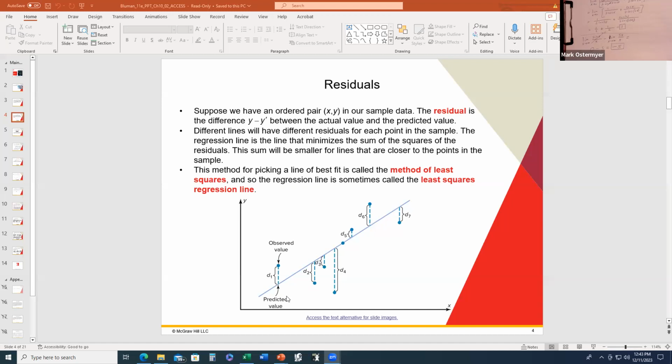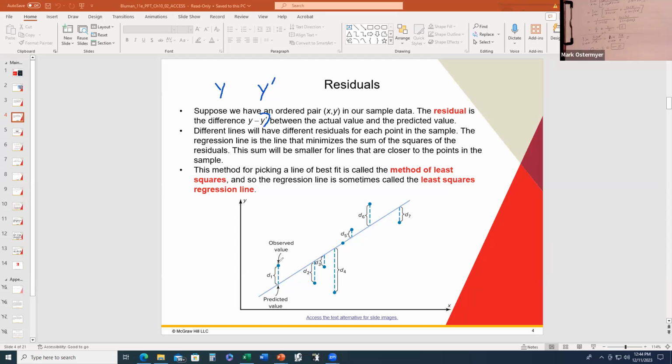And if we look at the difference between the actual y values and the predicted y values using this regression line, and by the way, this little symbol here on y is y prime. Y prime is the predicted value of y, whereas y is the actual observed value of y that we collected in the field, okay?